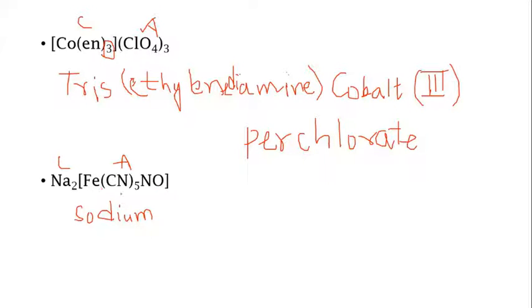So then you have 5 cyanide. So 5 means penta. So use the prefix penta. Cyanide ligand, you will name it as cyano. So pentacyano. Then you have nitrosonium. C comes first, that's why pentacyano, then nitrosonium.